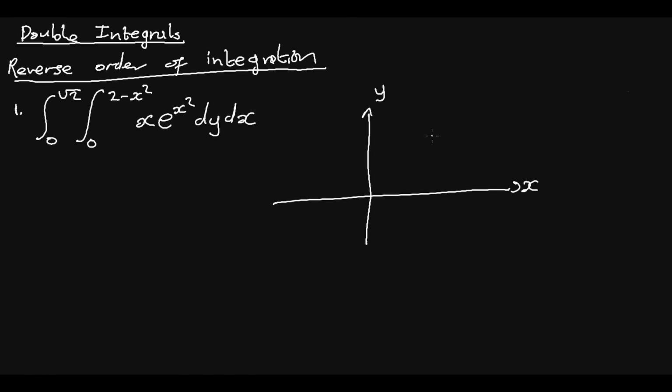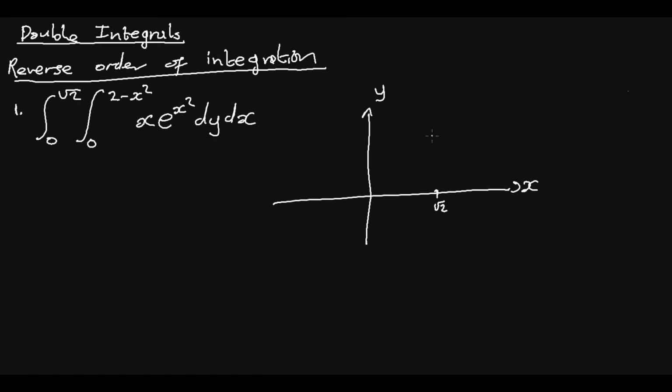So you focus only on the xy plane. So as you can see, the outer limit here, which is the limit of x, is from 0 up to square root 2. Say square root 2 is somewhere here.